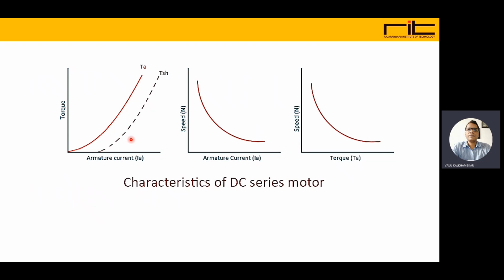And this is the shaft torque. After allowing for certain losses, there will be a shaft torque. Now the next characteristic is speed versus armature current. As we increase the armature current, the speed goes on decreasing, and correspondingly there is a rise in the torque. So speed and torque are inversely related. This is the characteristic of the DC series motor.